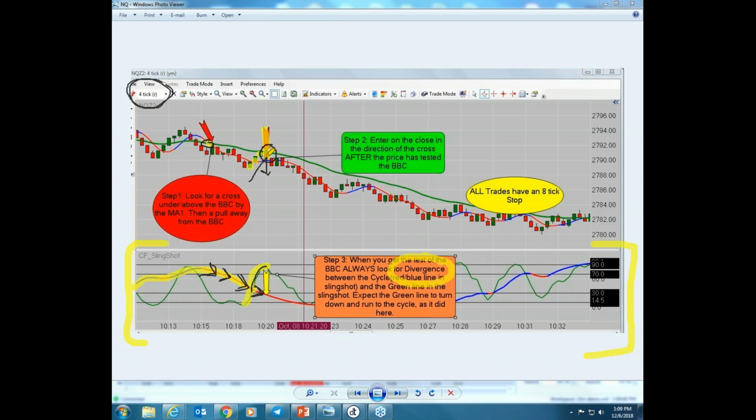So with the down close and the bearish divergence, what we would end up doing is focusing our attention to the slingshot, looking for that separation. The cycle is red, it's the same color, the green line is pulling away, we have space in between, so there's nothing else to filter but to go inside the DOM.